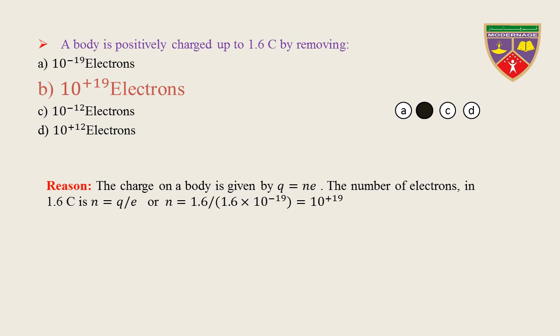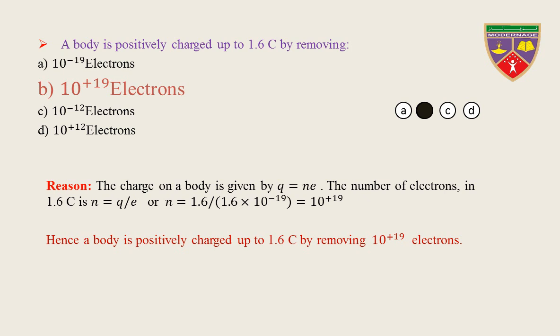The number of electrons in 1.6 coulomb is N is equal to Q by E, or N is equal to 1.6 divided by 1.6 into 10 power minus 19. 1.6 is cancelled with the 1.6 and denominator is written in numerator as 10 power plus 19. Hence, a body is positively charged up to 1.6 coulomb by removing 10 power plus 19 electrons.